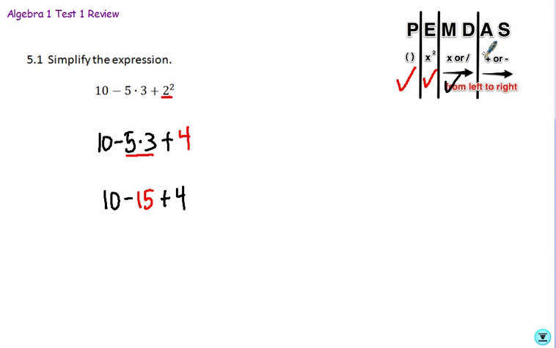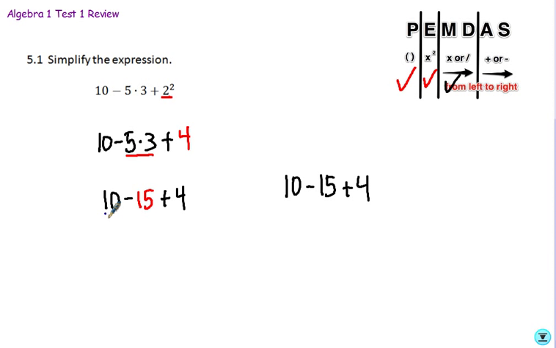Now the last part is add or subtract. So that's what we do last. But again, it's from left to right. I realize that the A in PEMDAS always comes before the S, but it's from left to right. Just like you read from left to right, we look at these problems from left to right.